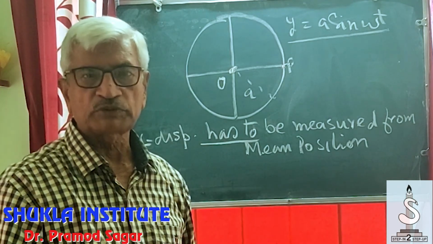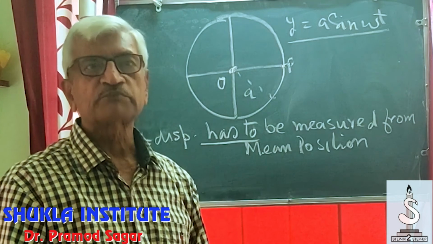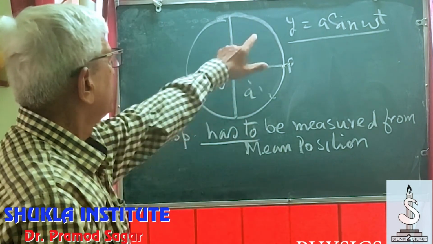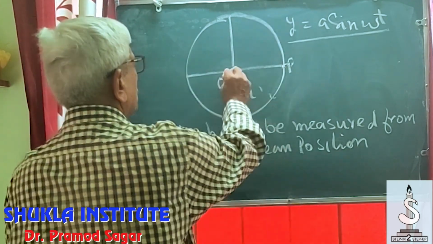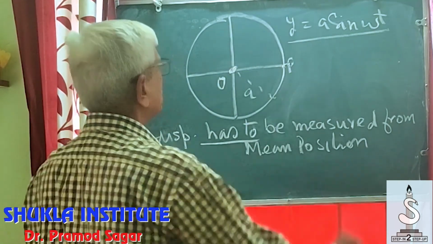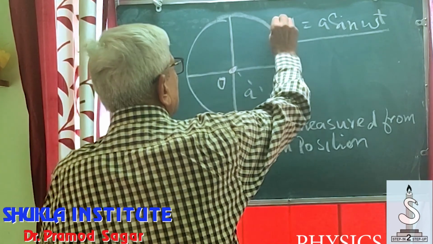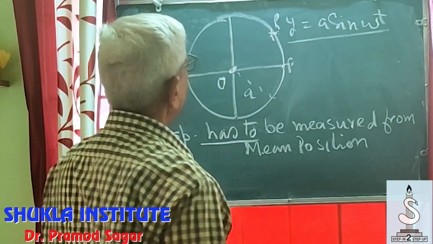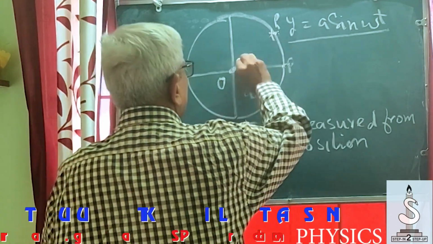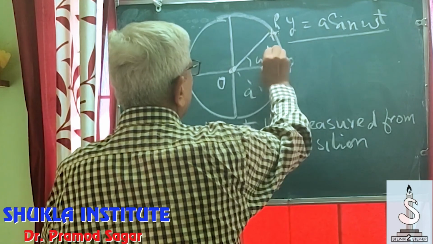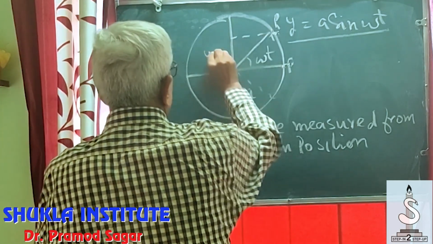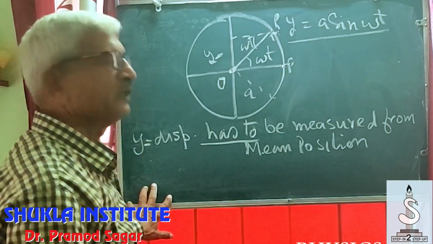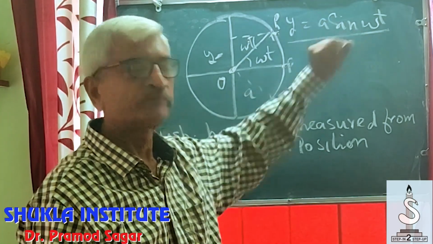Whatever may be the initial position, that does not matter, but the displacement must be measured only and only from the mean position. Now in this equation, you can see O is the mean position. Let us say the particle P1 is here at a point of time t. This is omega t, this is y, and therefore y is equal to a sine omega t is this equation.